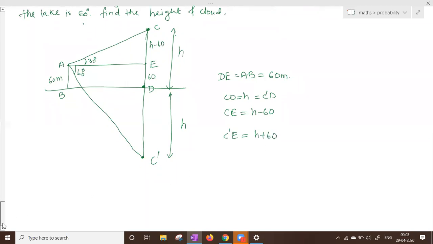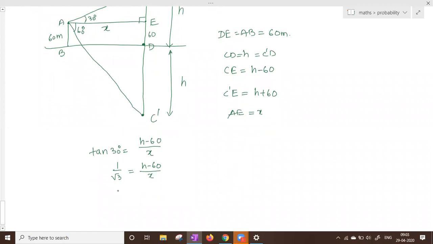Now we use two triangles and we use the tan ratios. In the above triangle, tan 30 is equal to opposite H minus 60, and consider AE as X. So tan 30 is equal to H minus 60 by X. 1 by root 3 is equal to H minus 60 by X. Cross multiply. X is equal to root 3 into H minus 60.